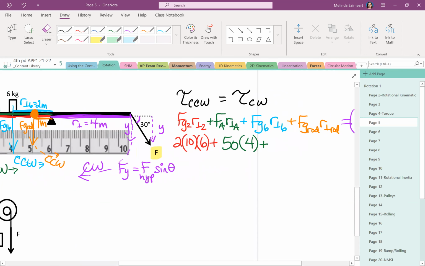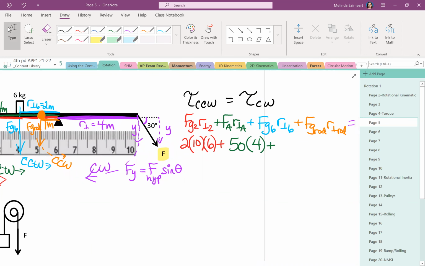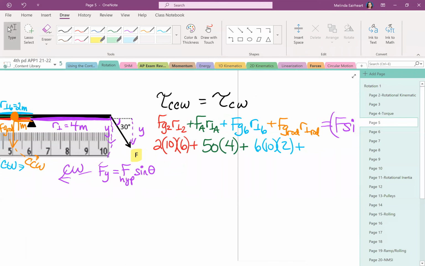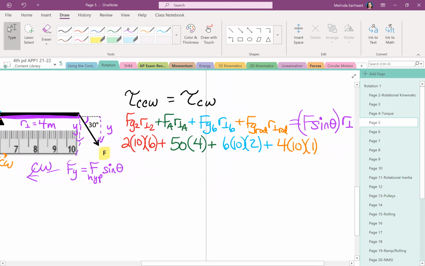Okay. And then we've got the gravitational force of the 6 times gravity. Its lever arm is 2. And then the rod itself, if we scrolled back up to the top, they told us the mass was 4. And so times gravity, and its lever arm of 1. And the last bit, we're looking for that F, that's a hypotenuse.